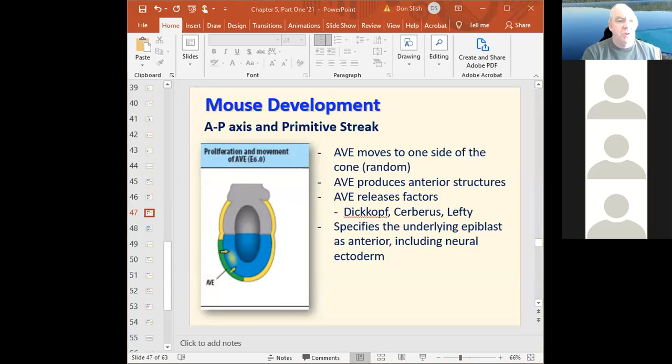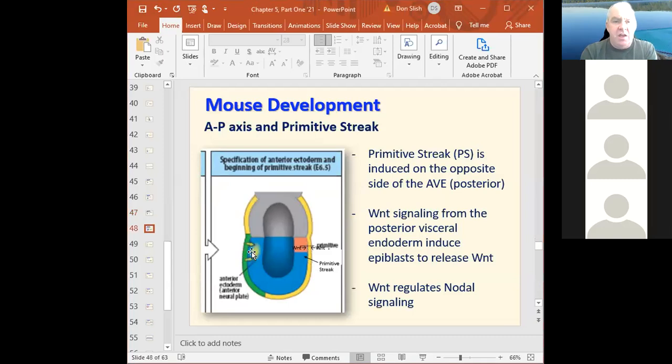And now we're going to get the primitive streak formation. So this AVE over here is releasing those blockers. And what's going to start the primitive streak is kind of similar to chick. We've got Wnt, and Wnt is being released from the ectoderm here onto the visceral endoderm.